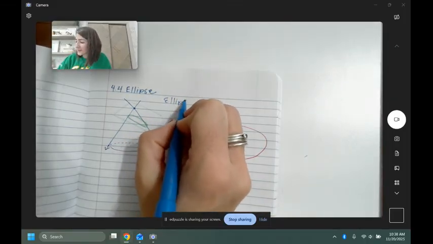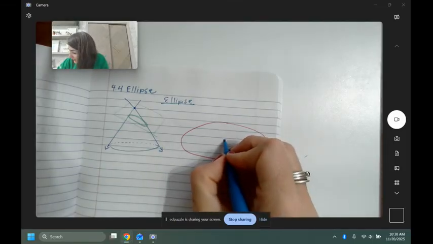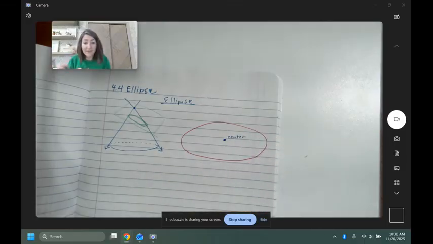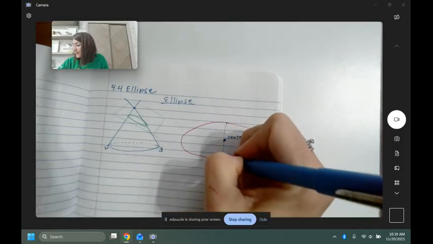An ellipse. A couple of important points here. First of all, right here is my center of the ellipse. And then I'm connected by two line segments here.